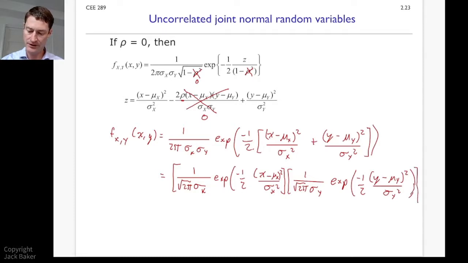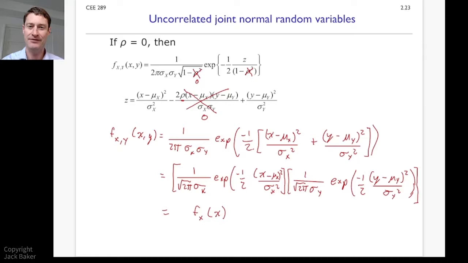And we'll close the square brackets. Okay, so I'm going to pull all the x stuff and all the y stuff apart into its own terms. But then interestingly, if I look at these square brackets, inside this first square bracket, that is exactly the normal distribution PDF from the univariate case that was our first slide of this video. So I'm going to write that as just the marginal PDF for x, right?